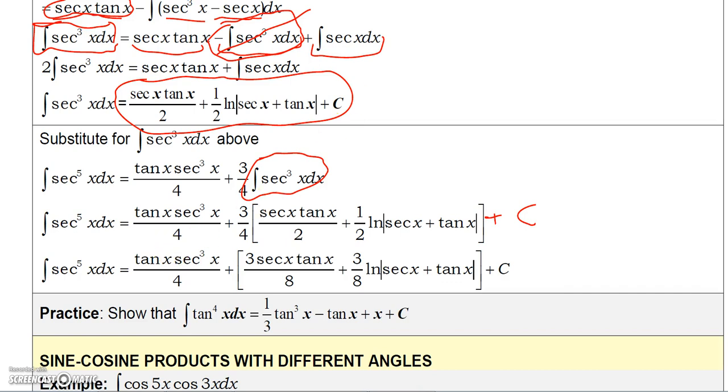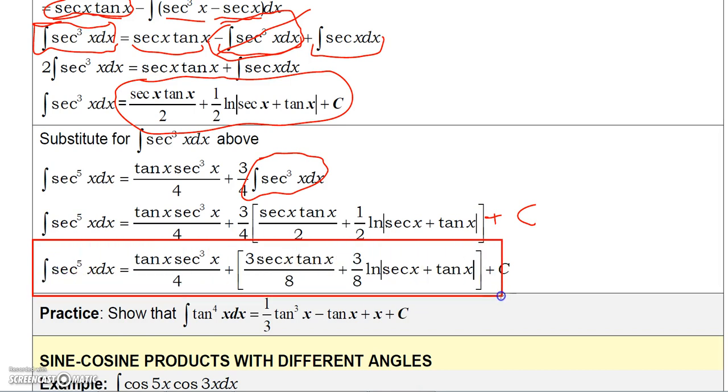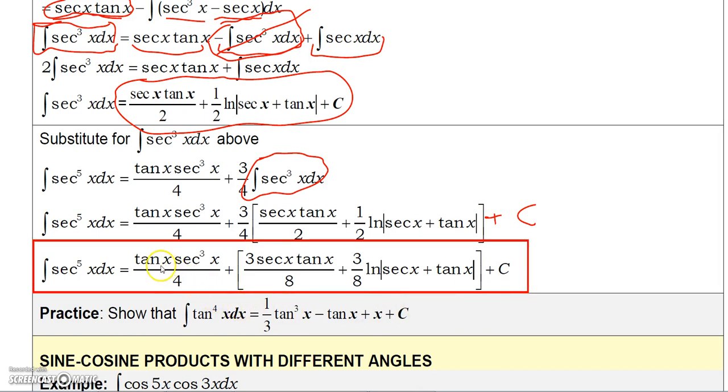So finally, we were able to show that if you integrate secant to the 5th x, it actually integrates to this result that has 3 terms in it. So it has this term plus this term plus this term. I actually could remove the brackets here if I wanted to.